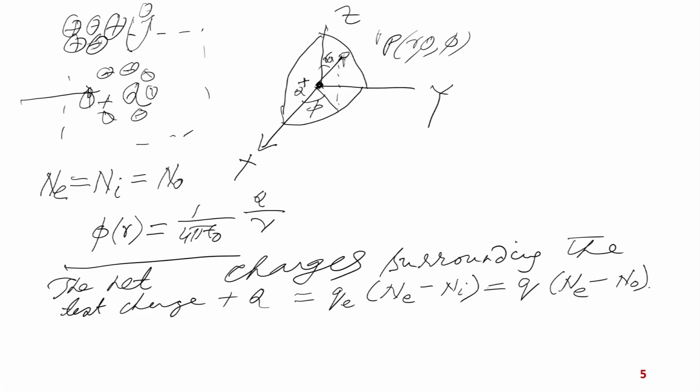Because the number of positive ions, I can assume, has not decreased to that extent; the initial value is the same. That is why I put it as n 0.